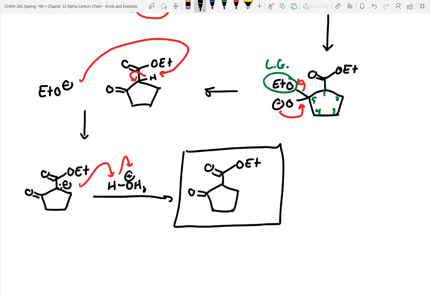And there you go. This is called an intramolecular Claisen. Oops, that should be an R. And this also goes by a different name, depending on who you're talking to. This is commonly referred to as a Dieckmann cyclization.